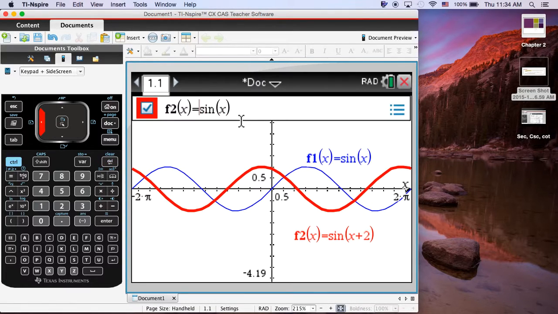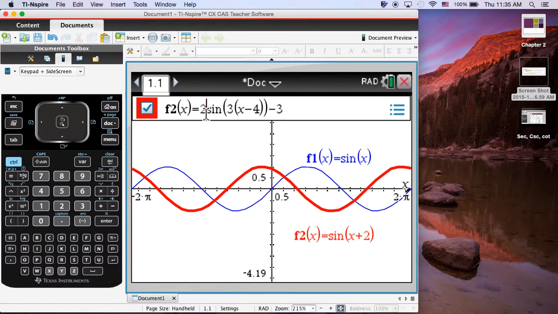Okay, so that's what those parameters do. So if we have 2 times sine of 3 times the quantity x minus 4, plus or negative 3, for example, how does the wave look compared to the sine of x?